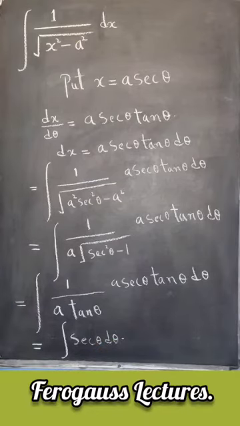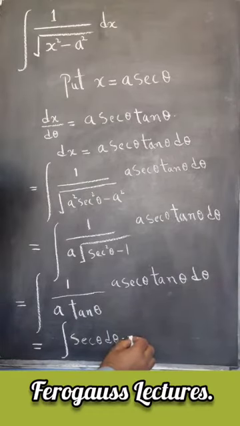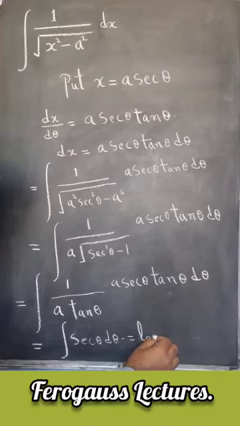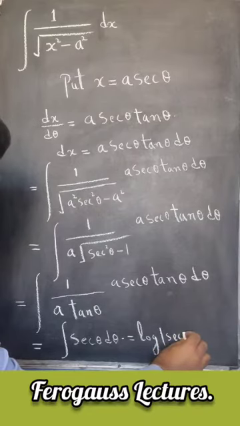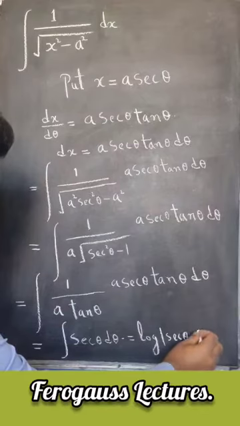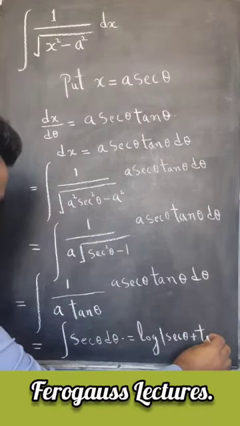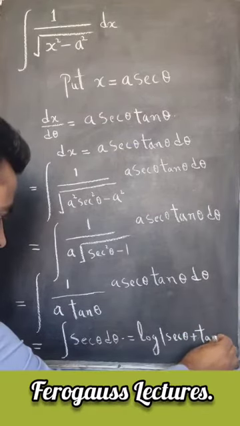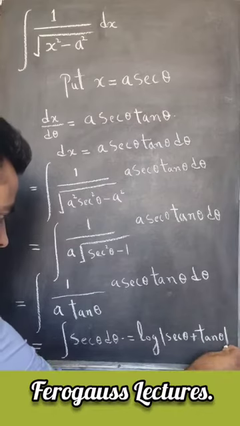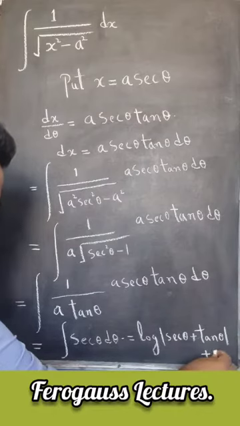Now we know that the integration of secant theta is equal to log of mod of secant theta plus tan theta plus constant of integration c.